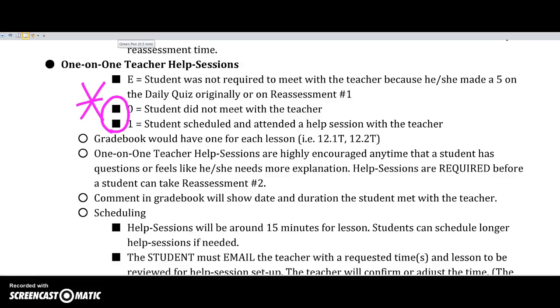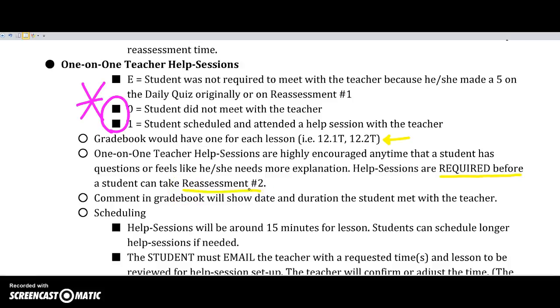The grade book will have one of these for each section, so we labeled it as T, the teacher help. One-on-one help sessions are highly encouraged anytime the student has a question or feels like he or she needs more explanation. Help sessions are required before a student can take their reassessment number 2.